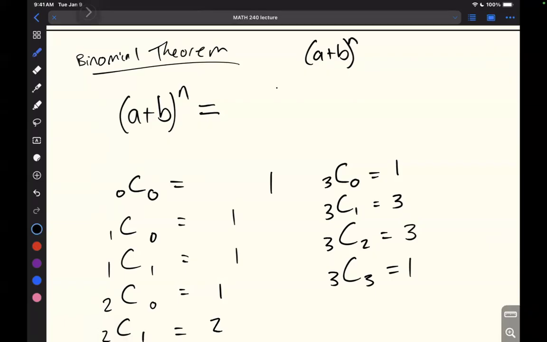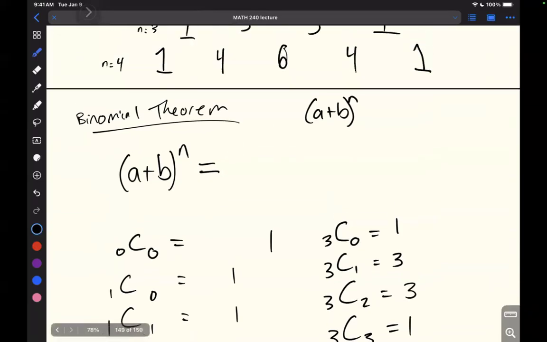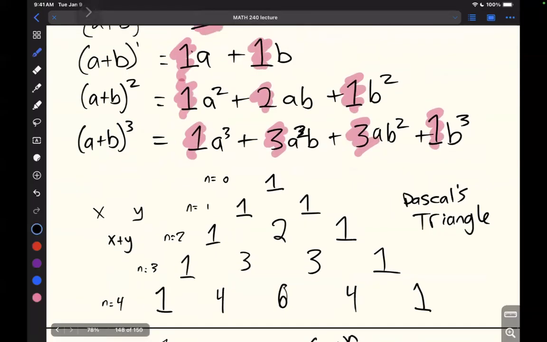Each term, so if I'm looking at a plus b to the cubed, and I'm looking at what's this term? So this is for k equals 0, k equals 1, k equals 2, k equals 3. For n equal to 3.